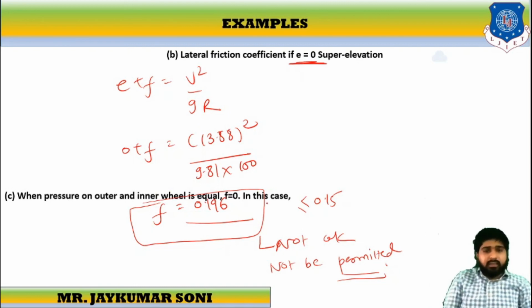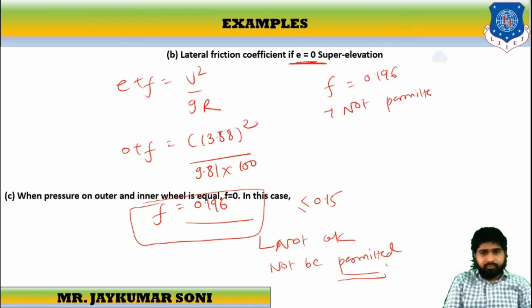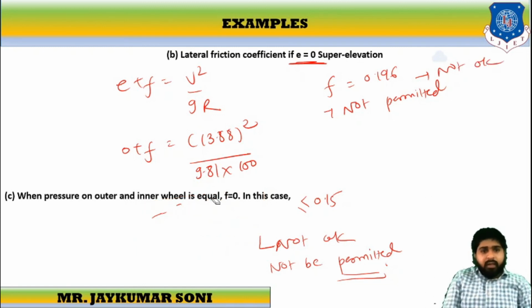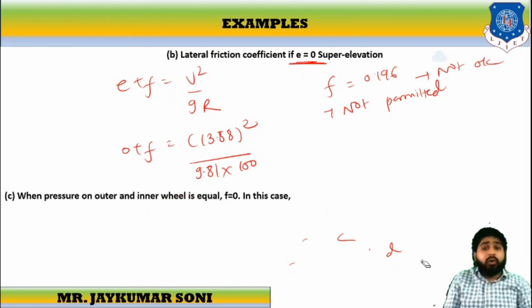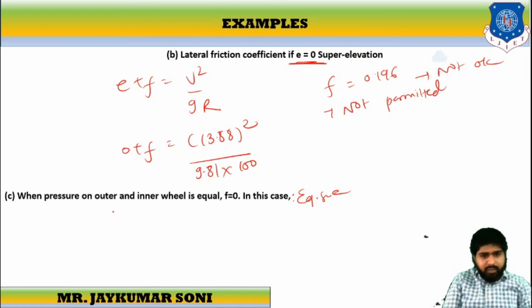Now let us move towards the third part, where the pressure on the outer and inner wheel is equal, F is equal to 0. That is called equilibrium super elevation. See, this phenomenon is called equilibrium super elevation, where we will consider the value of F equal to 0.